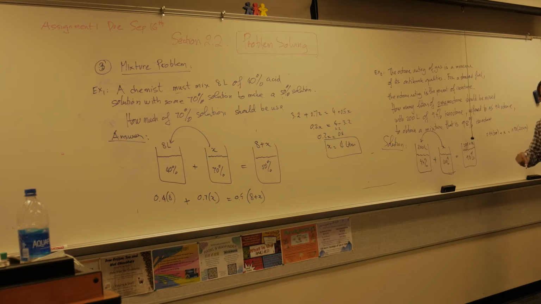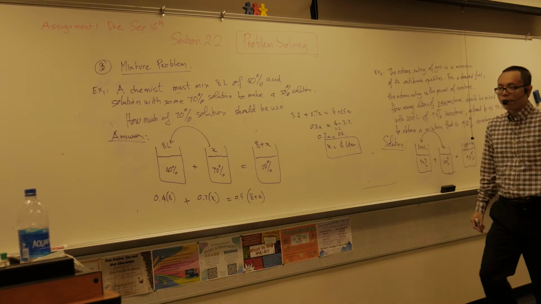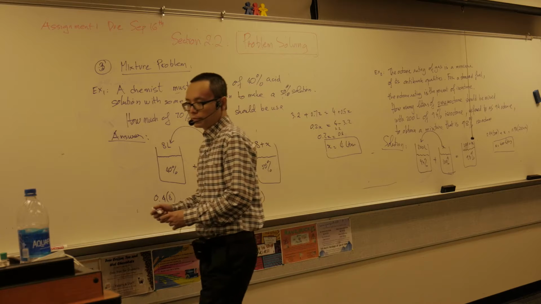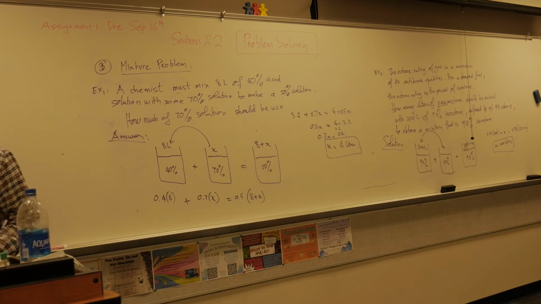Go ahead, distribute, then combine like terms. You have x, 400. 400 what? 400 liters. Distribute first, then combine like terms, the same way as you do for this.